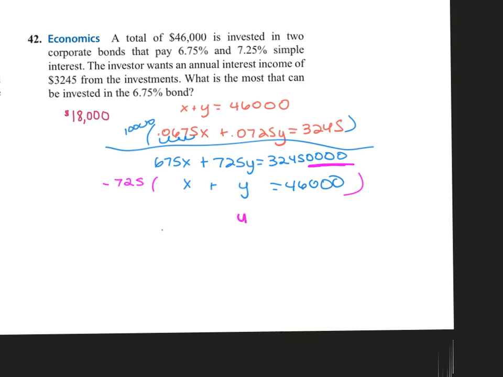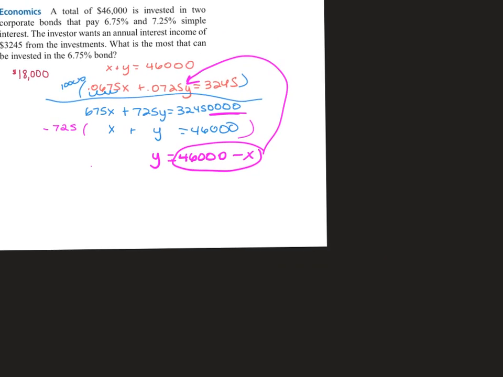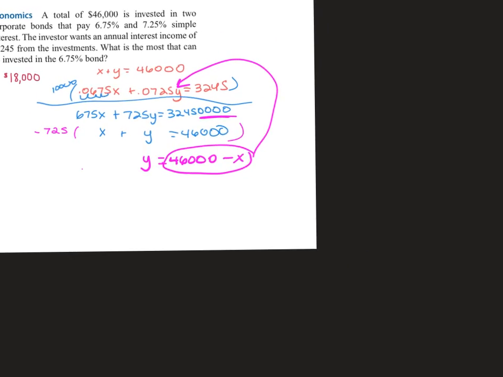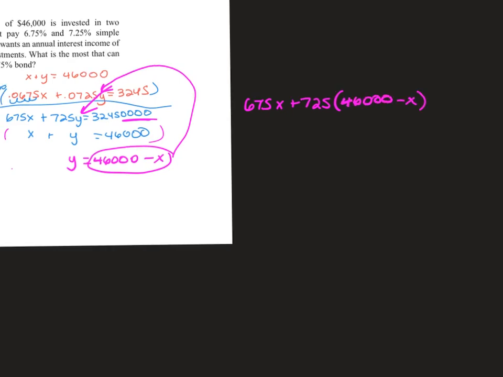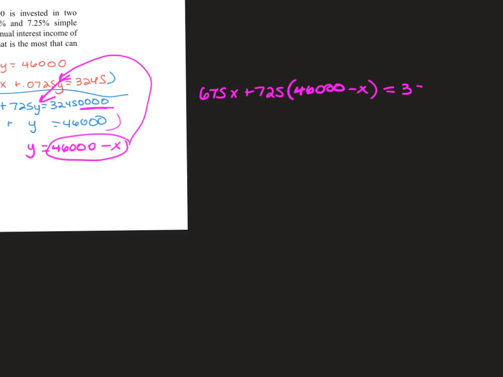So I would say y equals 46,000 minus x. And then I'm going to take that and plug it in here, in the place of the y. So I'd get 675x plus 725 times 46,000 minus x equals 32,451,234 zeros.